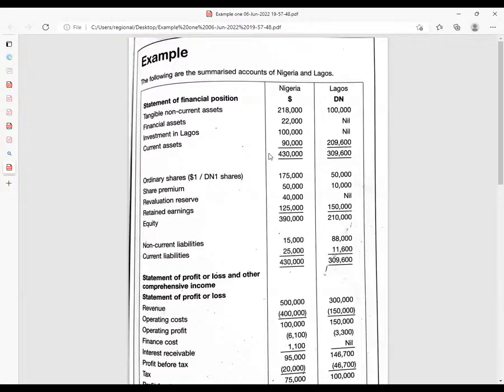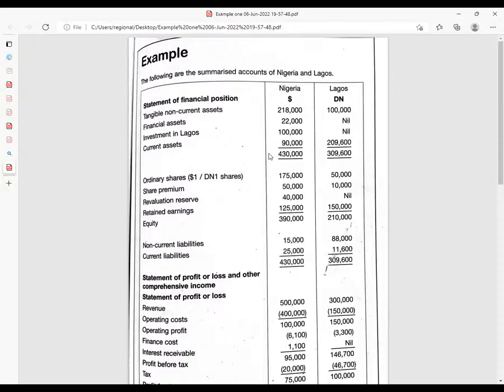So equity and liabilities, we start with share capital. What do you know about share capital, my good students? We only pick one. These are free marks that I'm talking about. Share capital, we always pick one, right?